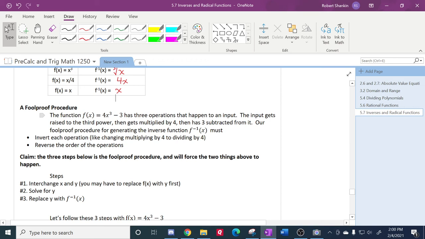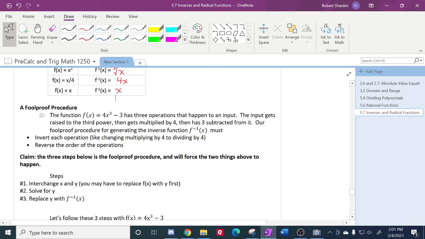Our foolproof procedure for generating the inverse function f inverse must do the following. It must invert each operation, like changing the multiplying by 4 to dividing by 4, the subtract 3 to add 3, and so on. It must also reverse the order of the operations. The first thing we did was raising it to the 3rd power.